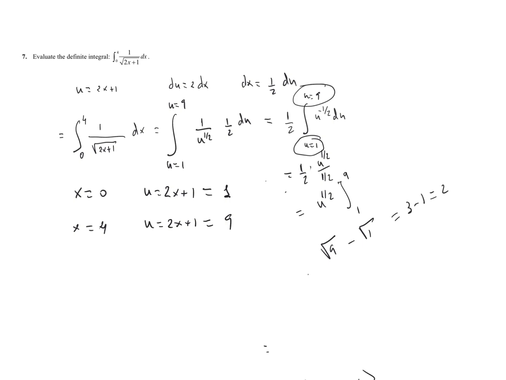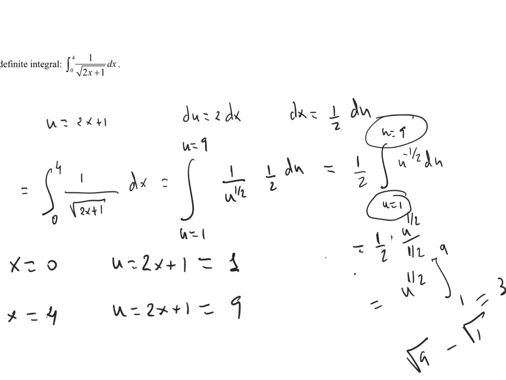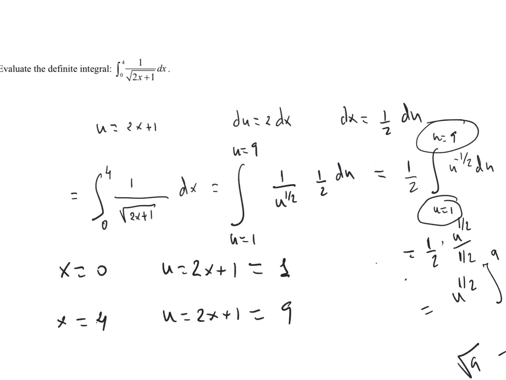The area below the curve of 1 divided by the square root of 2x plus 1 between x equals 0 and x equals 4 is the same as the area below the curve of a square root of u between u equal 1 and u equal 9. The function has changed, but the area is the same.